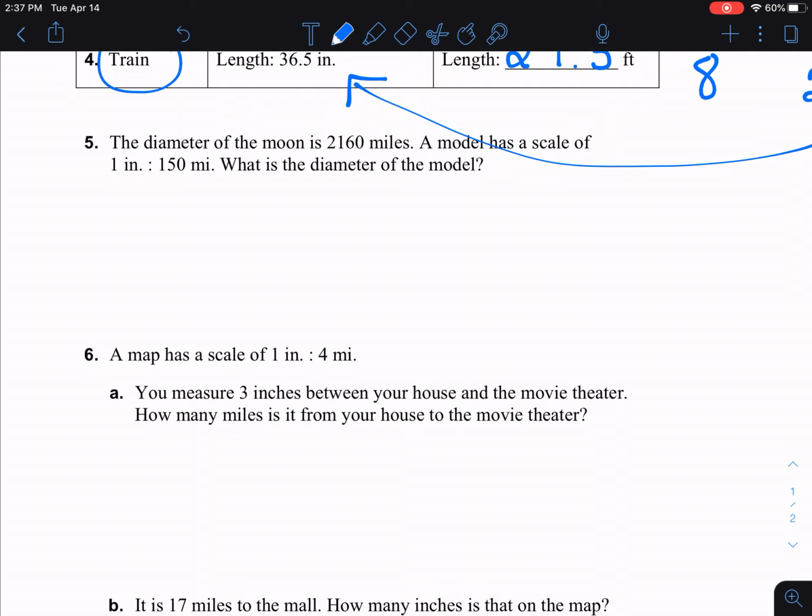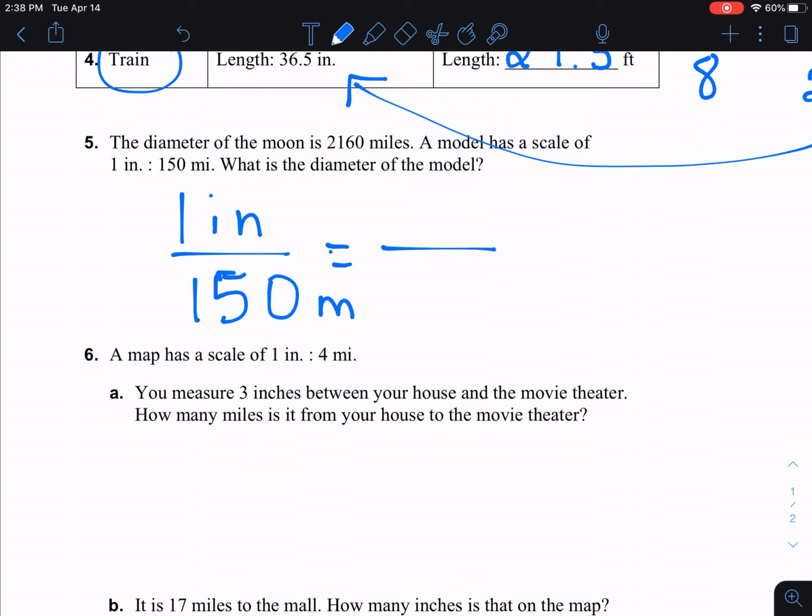The diameter of the moon is 2,160 miles. The model has a scale of 1 inch to 150 miles. So the question is, what is the diameter of the model?